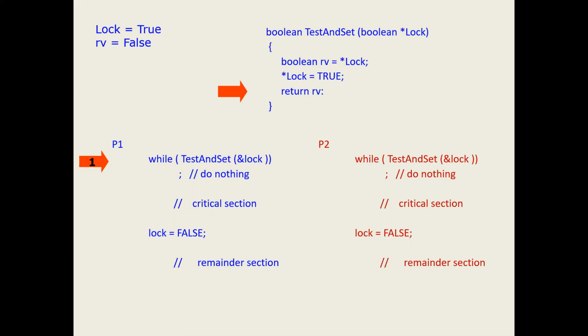So from the while loop, now test and set is false, right? So P1 does not wait in the loop, so it exits. P1 can enter the critical region. Why? Because the value of RV is false.